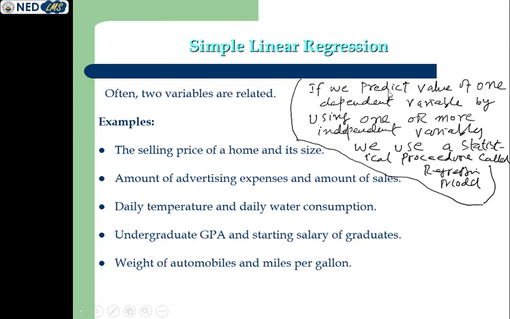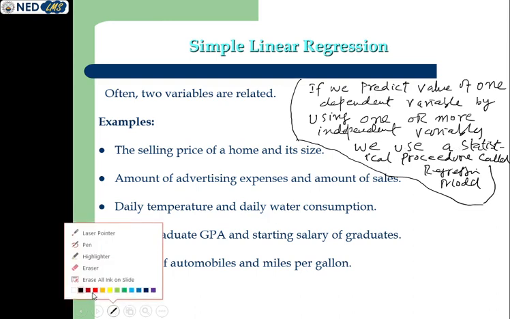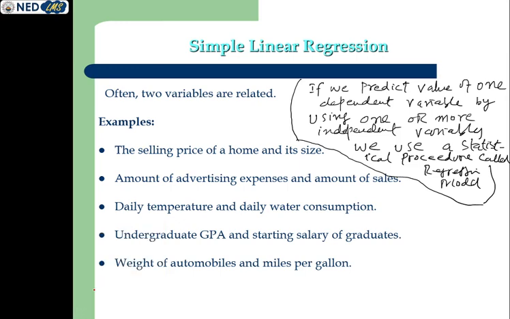If we are going to predict the value of one dependent variable, remember one thing, the dependent variable must be one, but the independent variable may be one or more than one. In this scenario, there is only one dependent variable, but we have one or more independent variables.